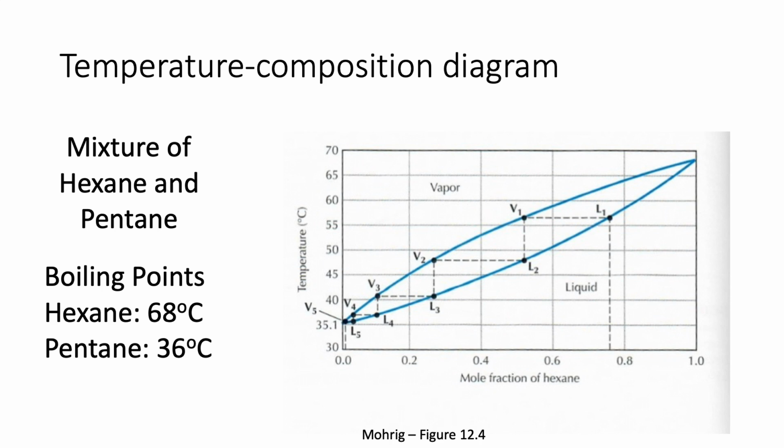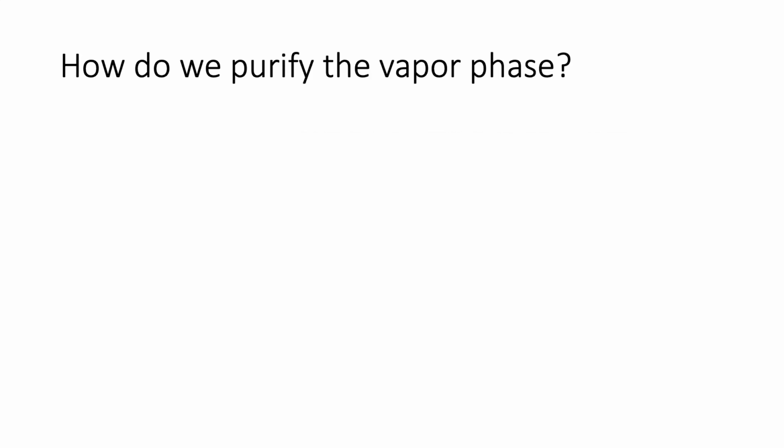If the boiling points are greater in difference, then it'll take fewer cycles to get to your pure liquid phase. So if we have these 2 liquids that we are trying to separate, limonene and carvone, and we want to make them pure, how are we going to do that?